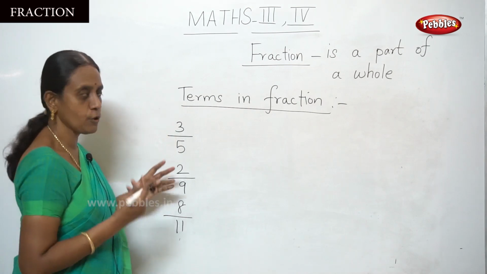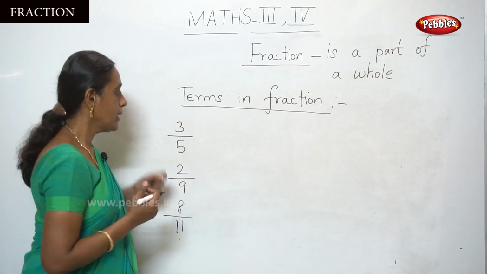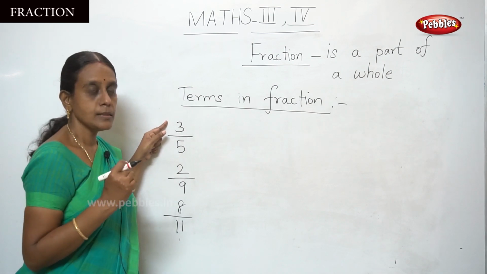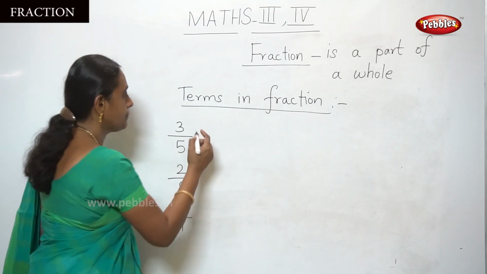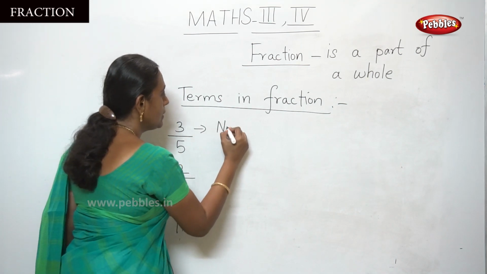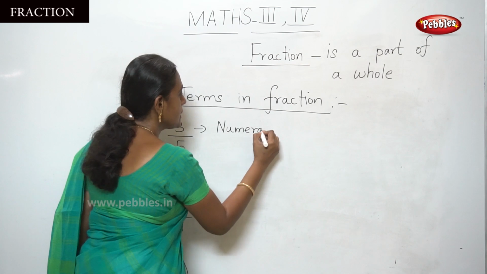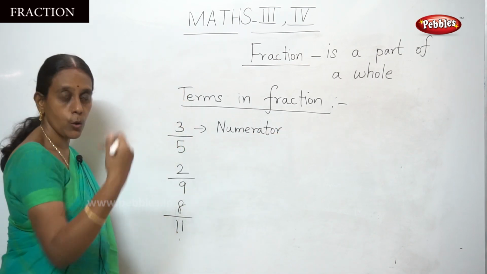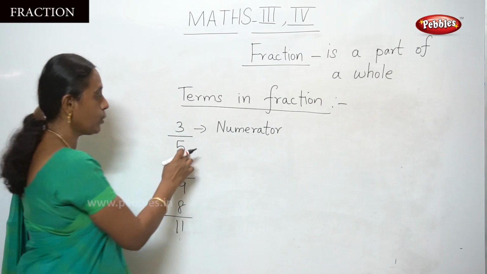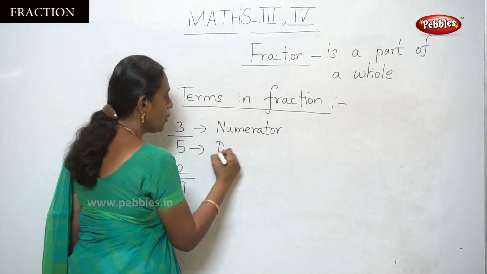These are a few examples of fractions. The number written at the top is called the numerator. The lower number, written in the bottom portion, is the denominator.